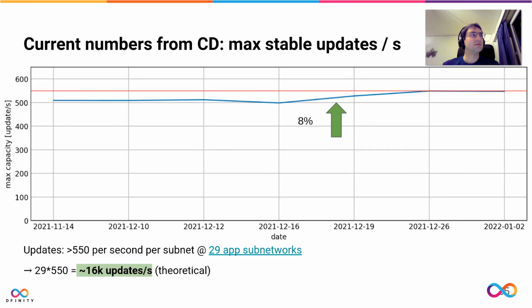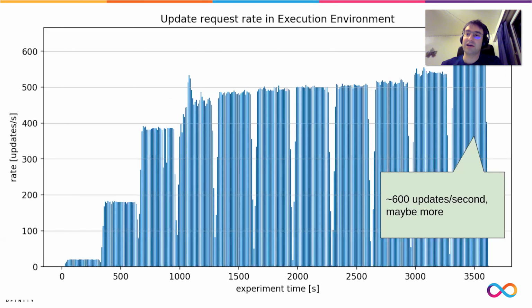I think it's less than 20% failures or something like that. But if you continue firing beyond that point and you still count how many updates per second you can handle, you can actually go higher. We have seen up to 600 updates per second in that subnetwork. We just don't count it because there are failures happening, at least some. And you can see that this is the last iteration we have been doing, so who knows what happens if we stress more.